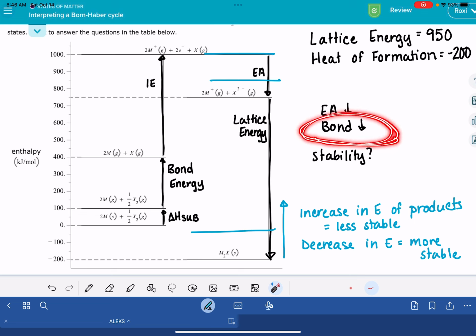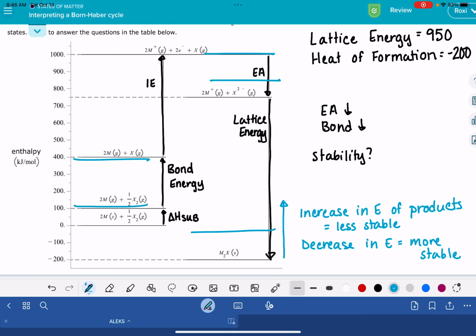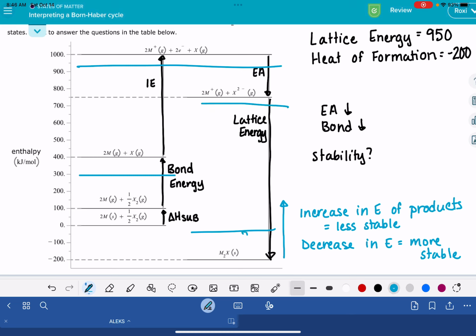Now it's saying bond energy, that's scenario number 2, bond energy decreases. So this gap between these lines decreases. So instead of going from here to here, we're now taking this down maybe to here, and that means that we're going to move this line down. So that's going to go down. This line is going to go down with it. This line is going to go down as well.